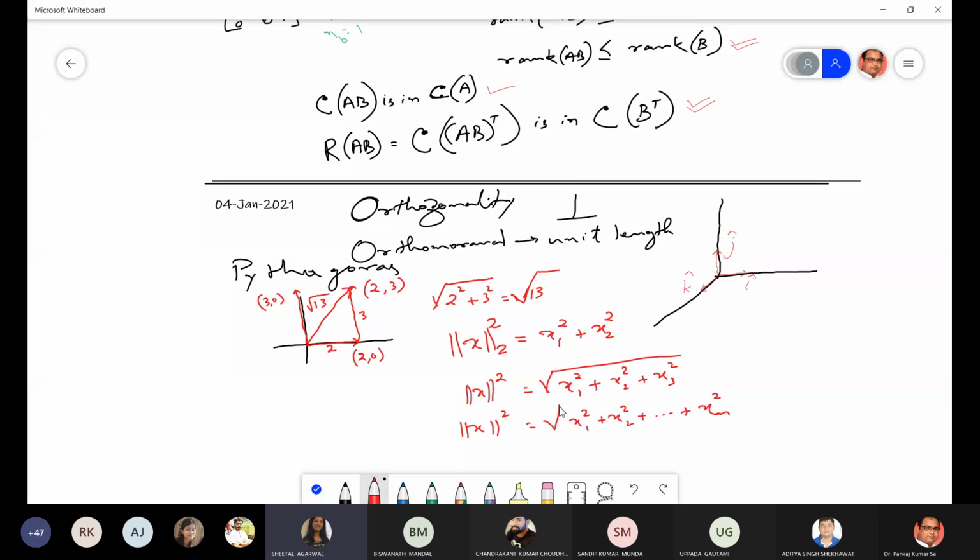If we are putting square on the norm, then we don't put square root on the right hand side.